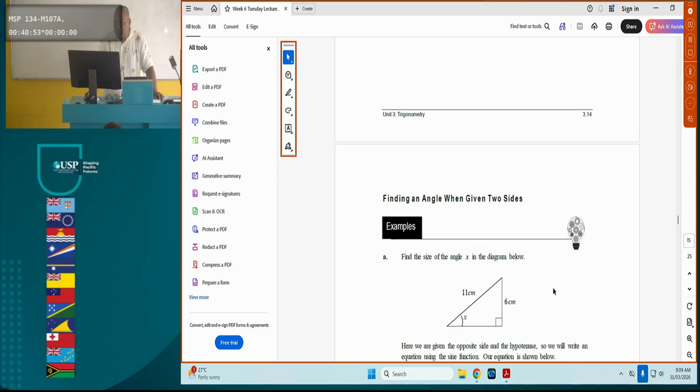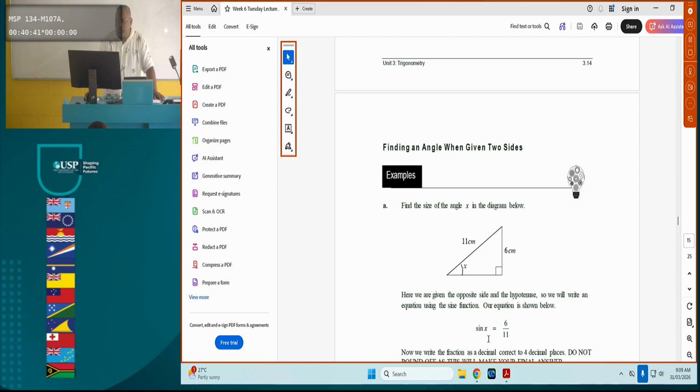Here, which sides are we using? Opposite side and hypotenuse, yeah? So it's SOH. Here we do not know what the angle is, so sine of x equals 6 over 11.